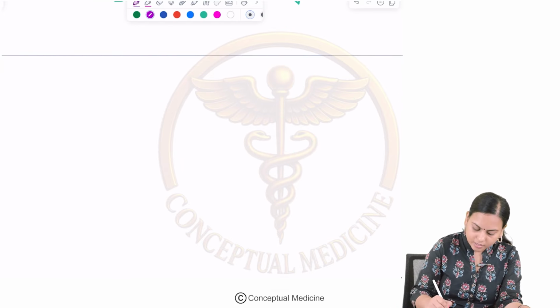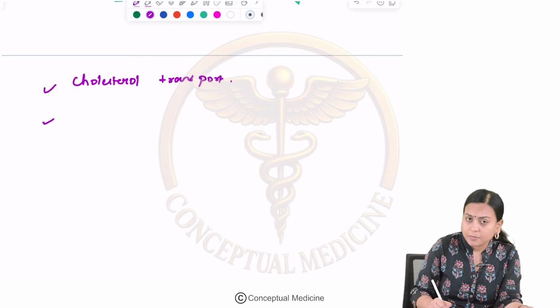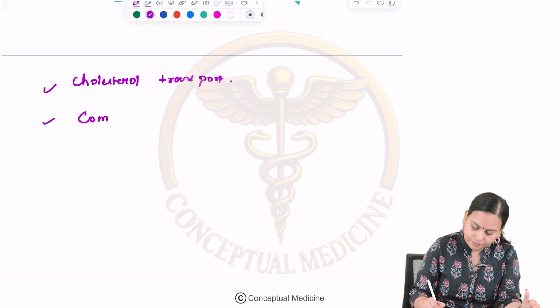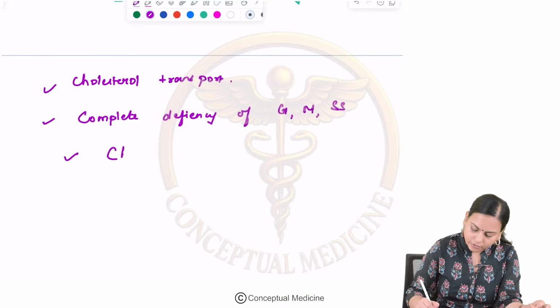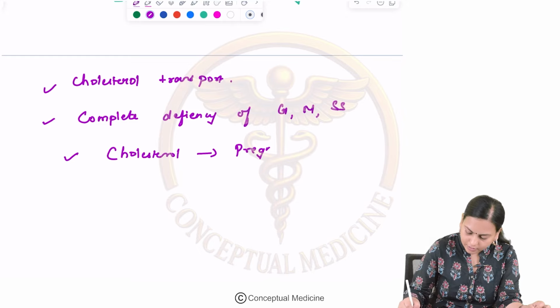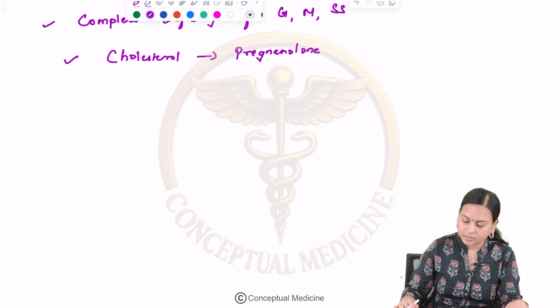And some suggest there is a defect in the cholesterol transport. There can be complete deficiency of glucocorticoids, mineralocorticoids as well as sex steroids, because there is a defect in the cholesterol to pregnenolone transformation.